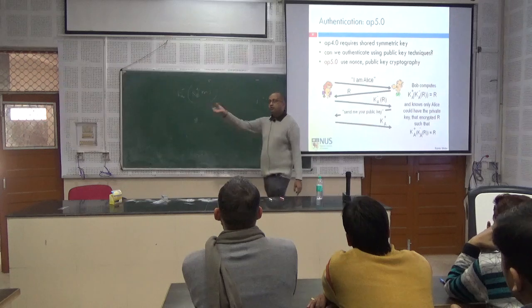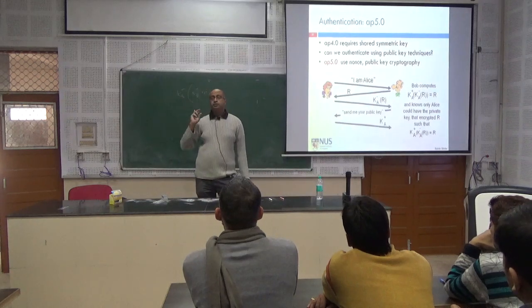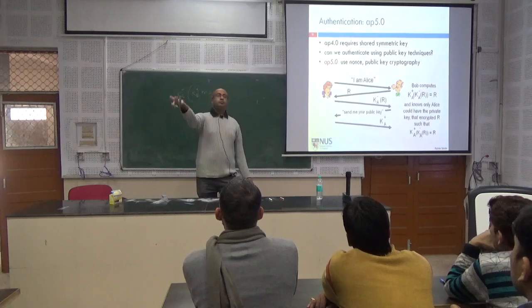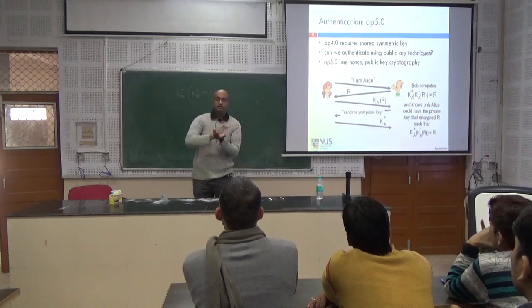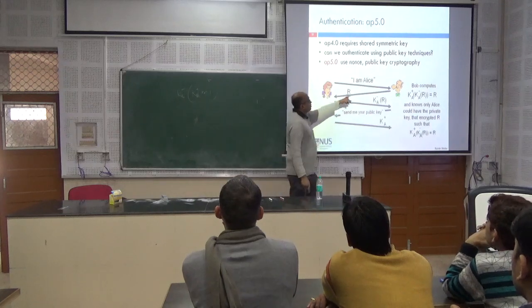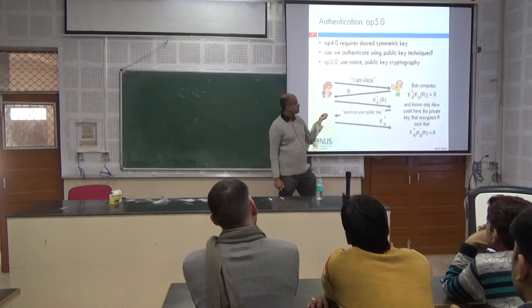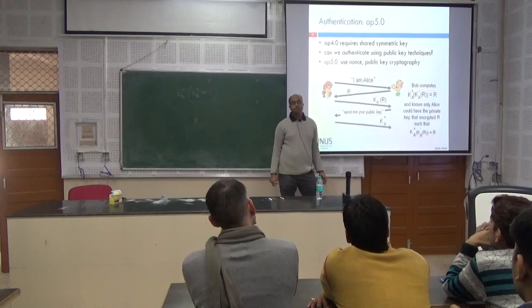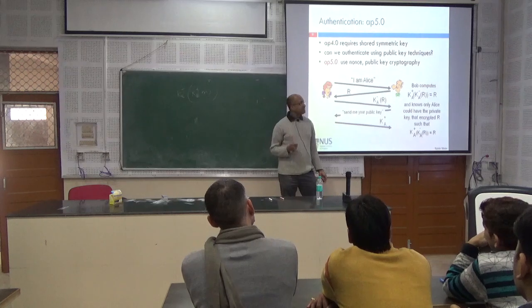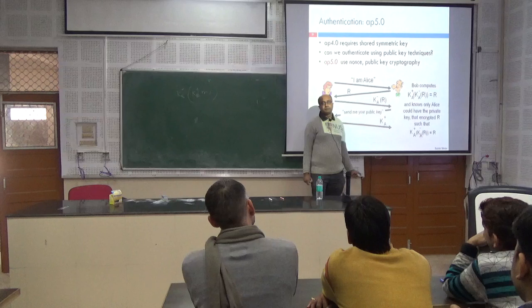But the way those formulas are, it doesn't matter. Whether you use the public key to encrypt and private to decrypt, or the other way, both will work. So in this case, Bob wants Alice to prove that she's the one encrypting. So she says you encrypt with your private key. How do I know it's Alice? I use Alice's public key to decrypt.